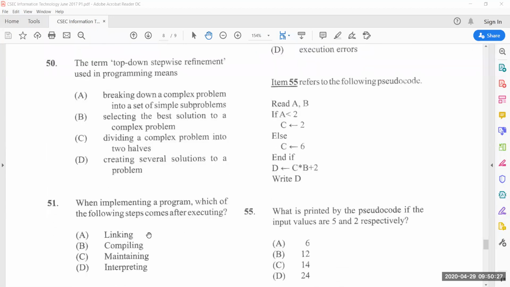Okay, number 50. The term top-down stepwise refinement used in programming means which of the following options? Anybody remember we discussed this in the last class?